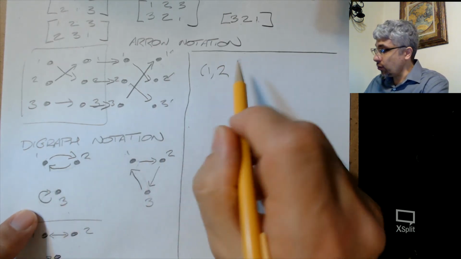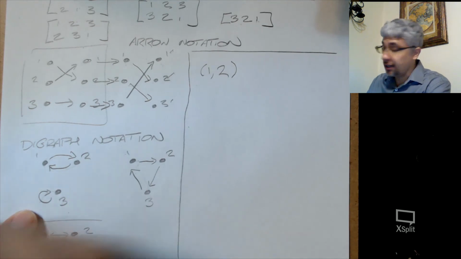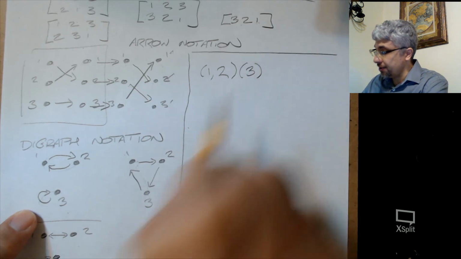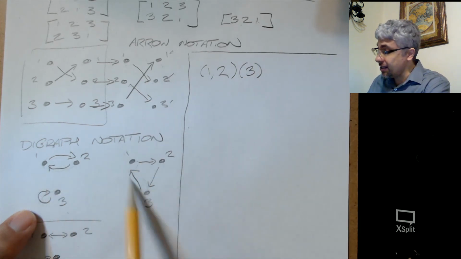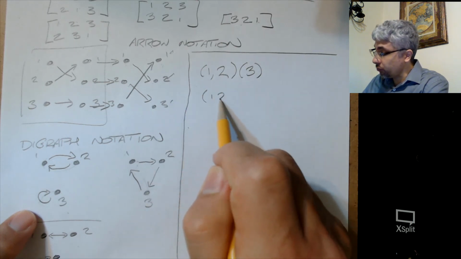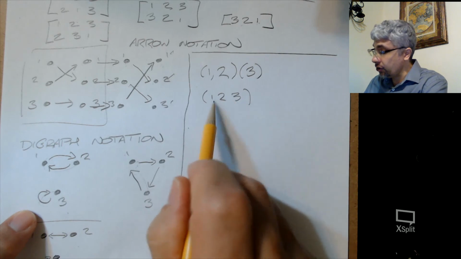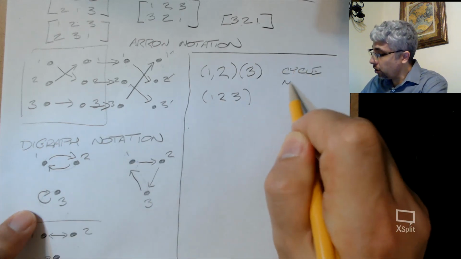But instead of writing 1 twice, I'm just going to close parentheses to indicate that I start over. So 1 goes to 2, 2 goes to 1, and 3 goes to itself. That would be a way of writing this first permutation, whereas this permutation here, I could write as 1 goes to 2 goes to 3, and then I close parentheses to indicate that 3 goes to 1. So this is what I'm going to call cycle notation.